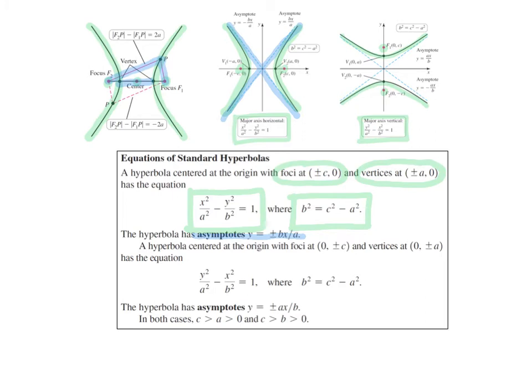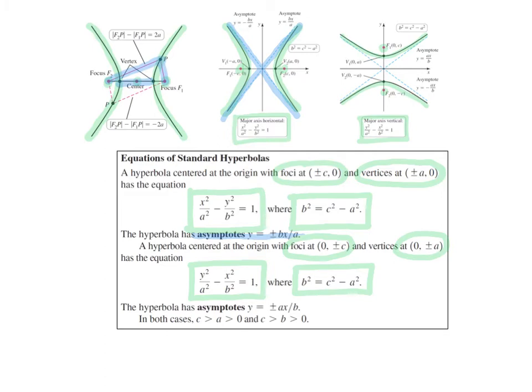Now let's say that the foci are on the y-axis and the vertices are on the y-axis. Our equation is then y squared over a squared minus x squared over b squared is equal to 1. Again, we still have b squared equal to c squared minus a squared.